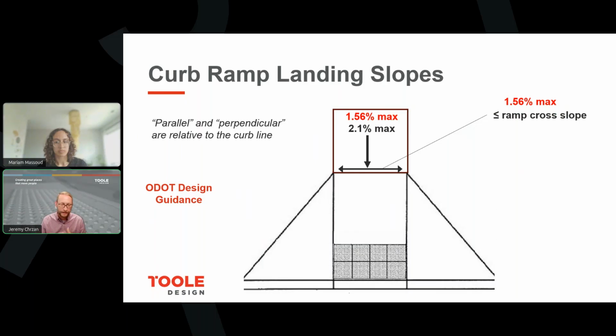The reason behind that guidance is the Access Board really doesn't want us to include warping within a ramp. So essentially PROWAG is saying whatever the slope is in the crosswalk, you should carry that slope into your ramp and carry that slope into your landing.